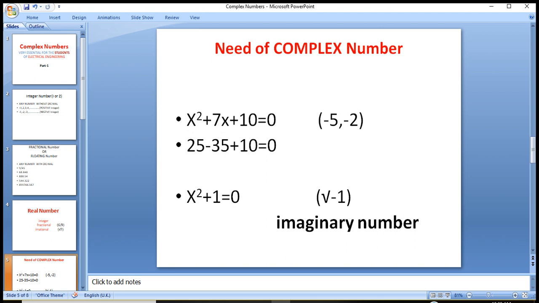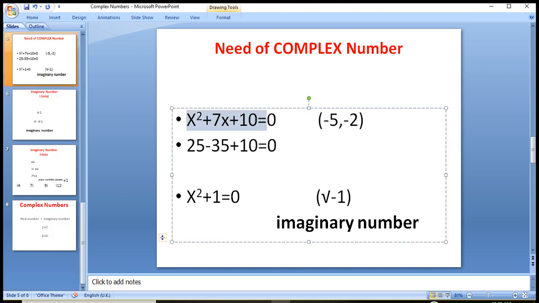Now we learn the need of complex numbers. We are seeing quadratic equations on screen. There are two quadratic equations on the slide. One is x square plus 7x plus 10 equal to 0, and second is x square plus 1 equal to 0.